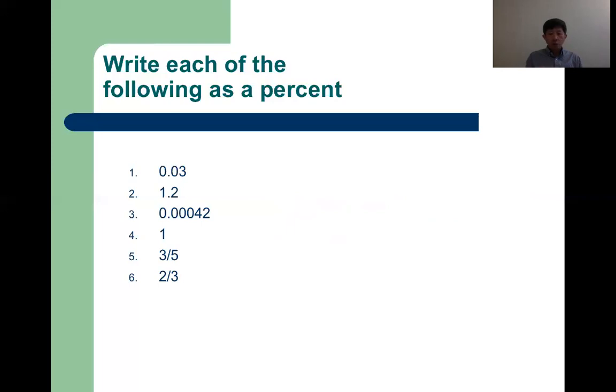3/5. Now, if we take 3/5 with long division, we can change this into a decimal, right?